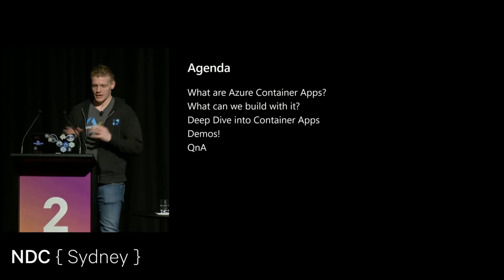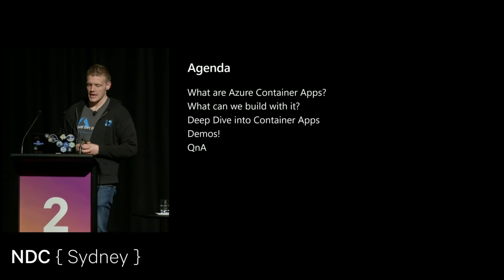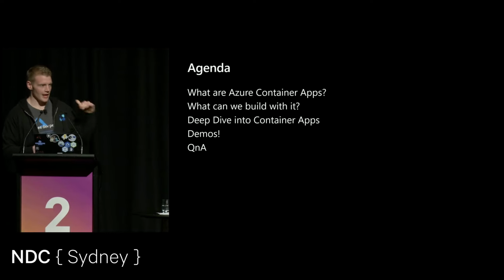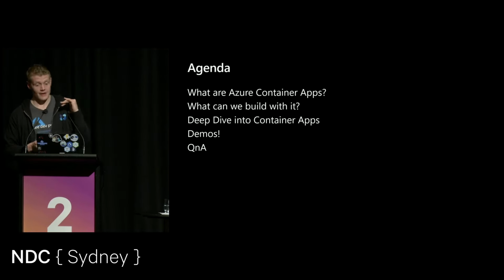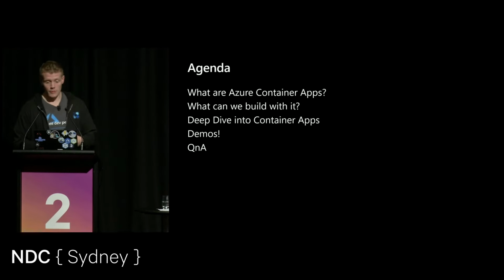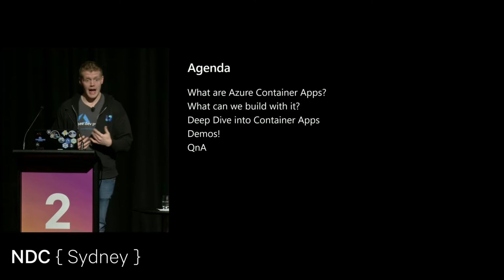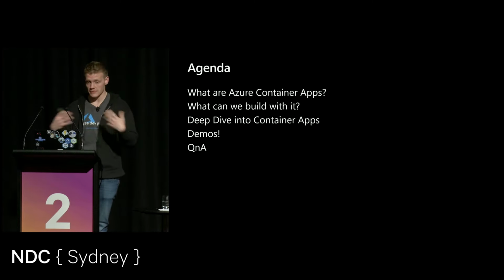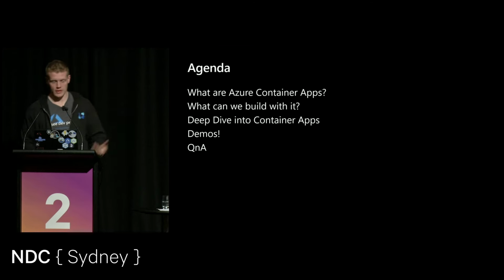So just to go through the agenda of what I'm going to talk about today, we'll start by going over a very high-level overview of what Azure Container Apps is and what type of applications we can build with them. Then we'll dive a little bit deeper into the features of container apps, and I'll talk about how we can actually use those features to develop and build our applications for container apps.